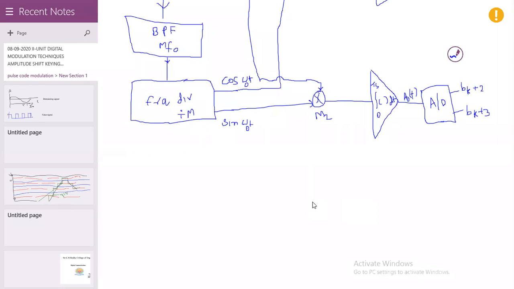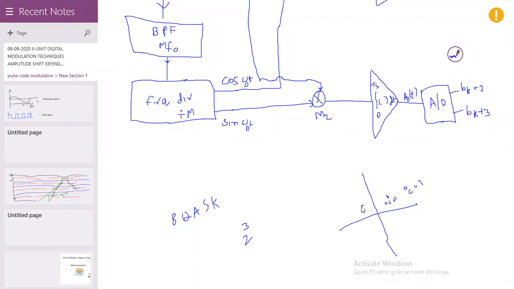So 8 QASK is there. What is the constellation diagram for this one? 2 to the power of 3 is 8, so the constellation diagram has 8 points. Each symbol consists of only 3 bits.